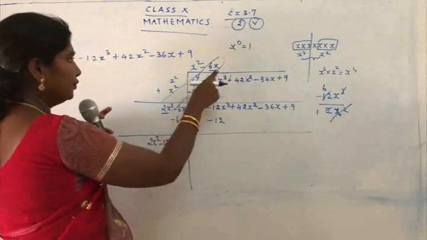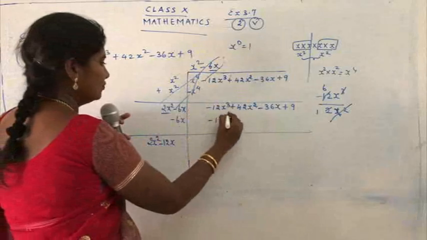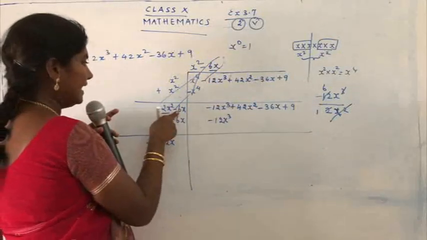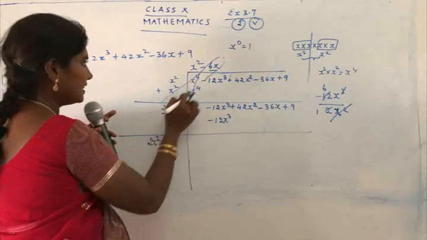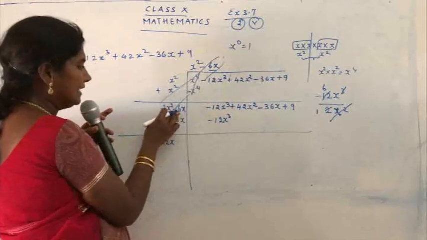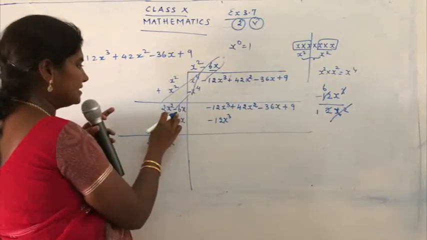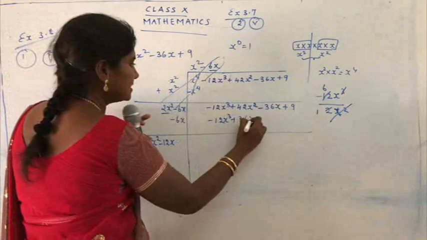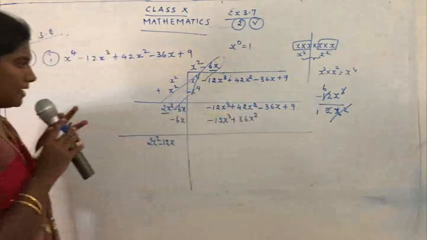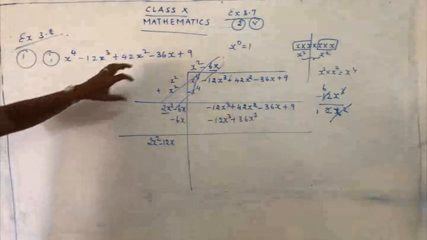X square into x, x cube. Now minus 6x into minus 6x. The first and this answer I multiplied, so you have to take the second term and the answer. So minus 6x into minus 6x is plus 36x square. Are you clear, children? The first part is clear, yes?